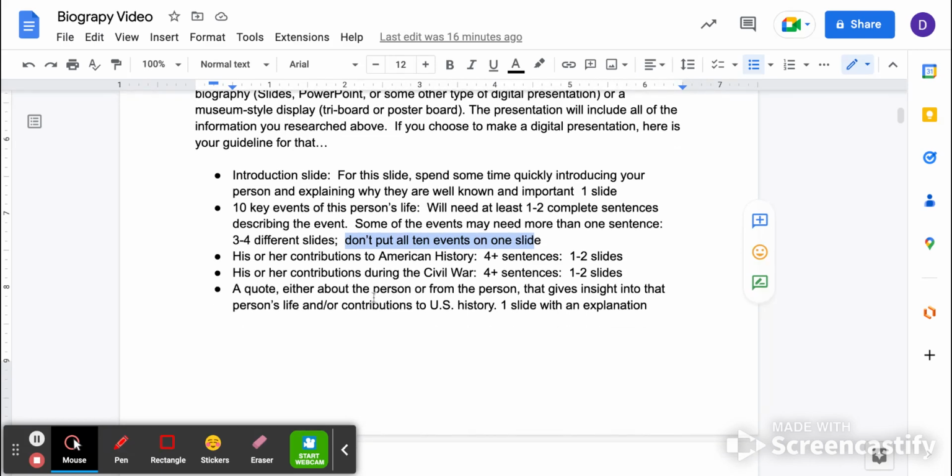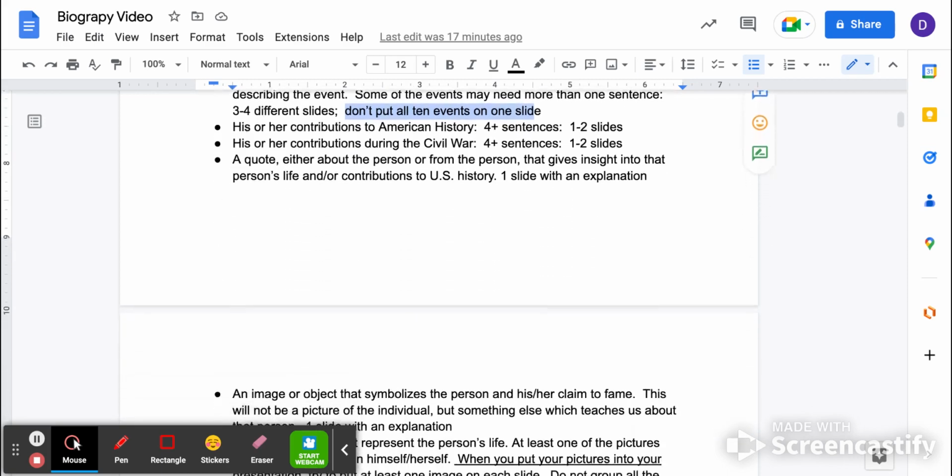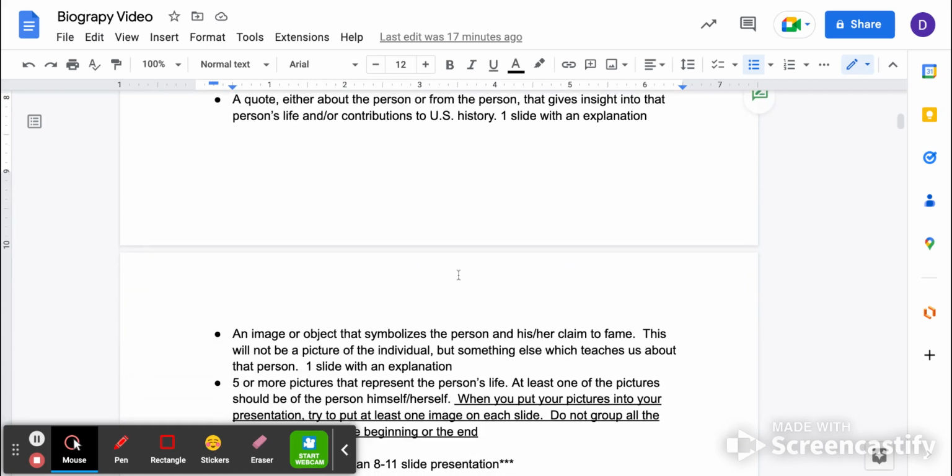You also need to include, and this is what should come next, a quote either about the person or from the person that gives insight. So you're going to put that quote up there. You also need to explain the quote, why it's impactful, why it's important. Then you need to have an image or an object that symbolizes the person with his or her claim to fame.